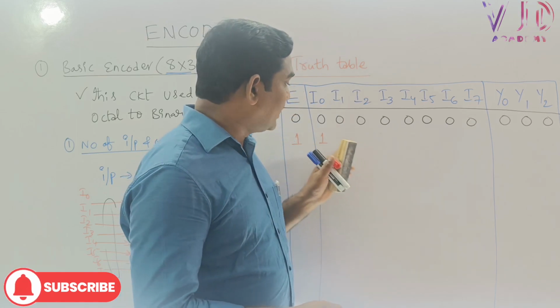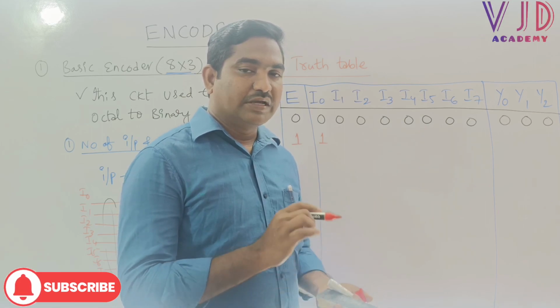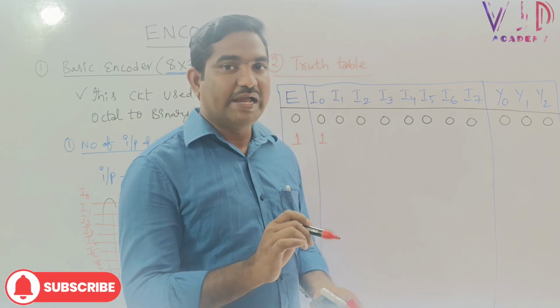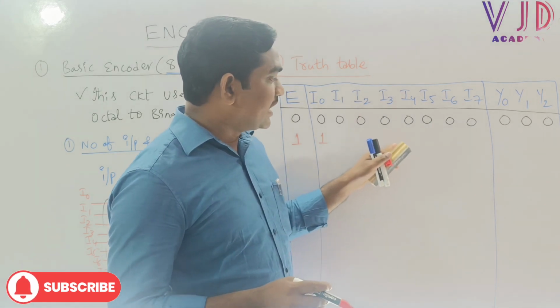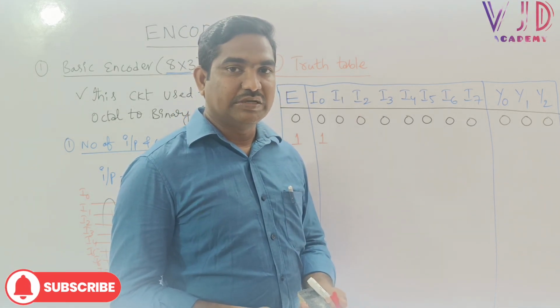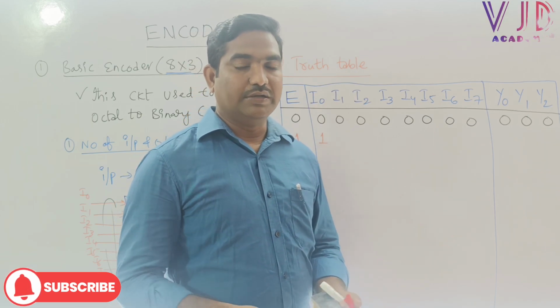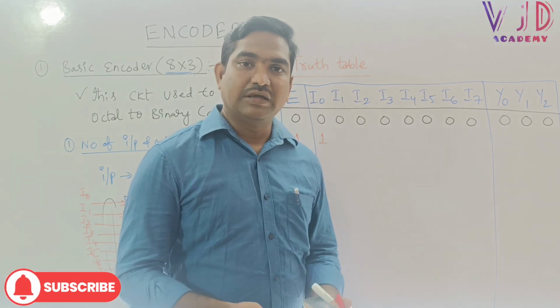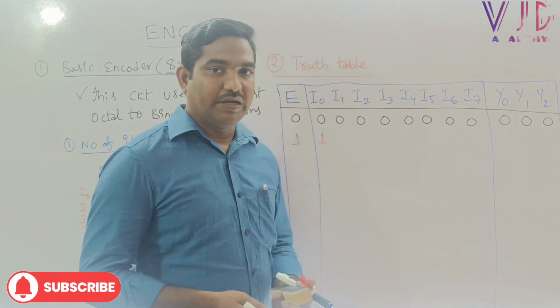Sir, suppose if I0 is enabled, which means I0 is transferring the corresponding binary data, we can say 0, 0, 0. Suppose if here I3 is enabled, which means here the corresponding binary 0, 1, 1 will be converted. That is the sequence, that is the secret of the concept behind.